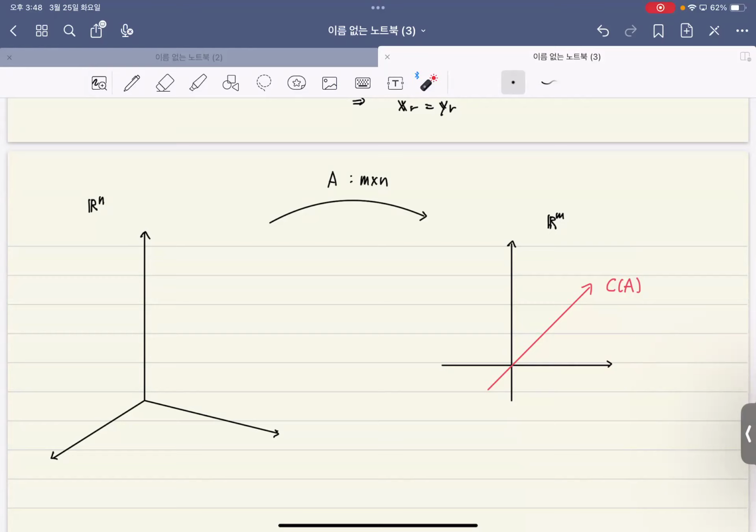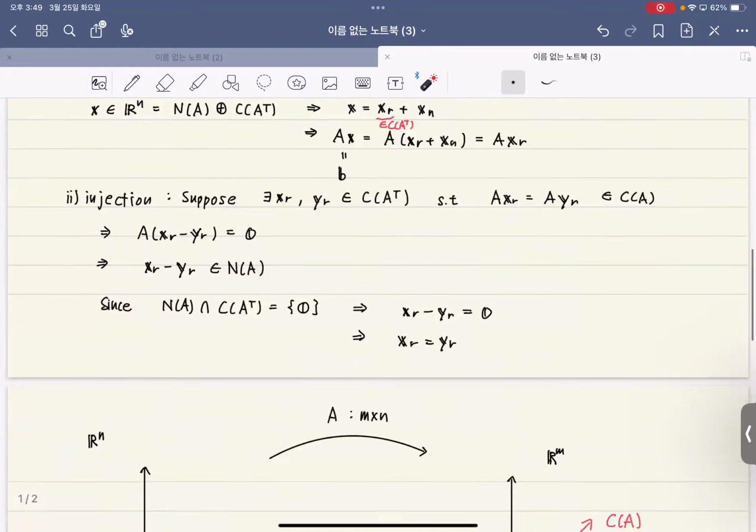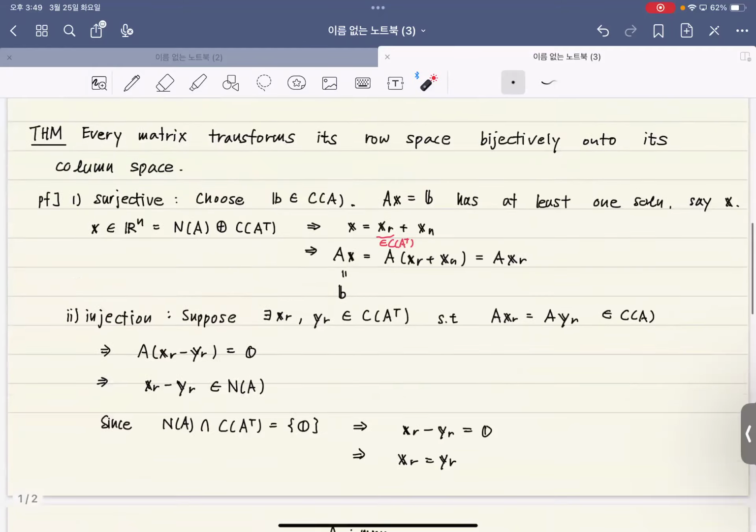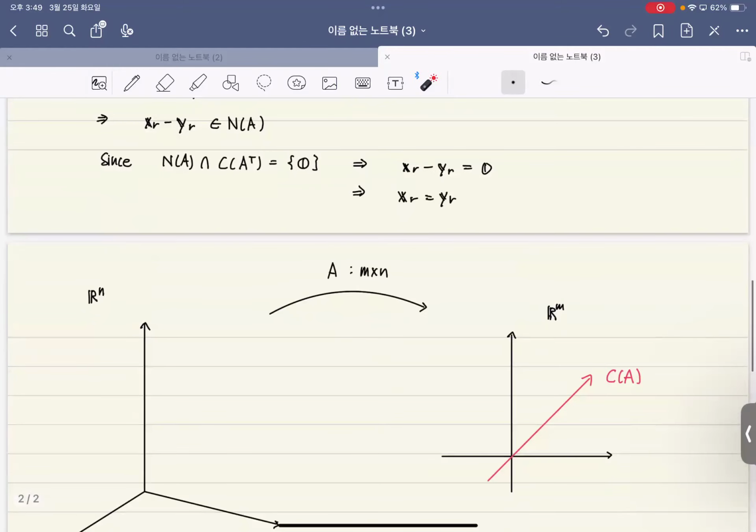Okay, however, since this is a one-dimensional vector space, there has to be a one-dimensional row space in your domain, right? Why? Because if you believe in the theorem, between the row space and the column space there has to be a bijection, so they must be isomorphic as vector spaces.